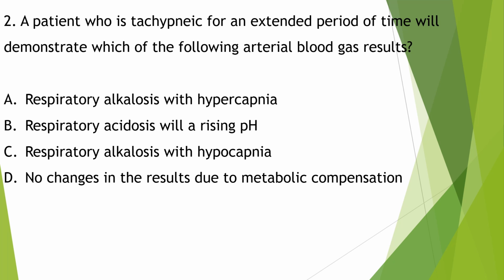During tachypnea, the patient will be blowing off carbon dioxide and hypocapnia will occur. And if hypocapnia is there, it will result in respiratory alkalosis. If it is hypercapnia, it would have been respiratory acidosis. So here hypocapnia, because of blowing off of carbon dioxide, has resulted in respiratory alkalosis.